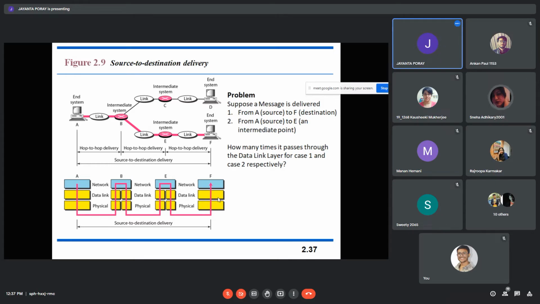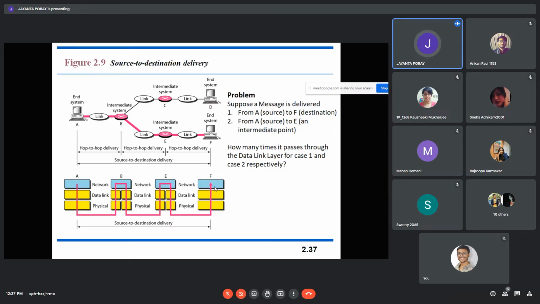Okay. Now the same question can be asked: how many times does it pass through the network layer, which is the source to destination delivery? The answer will be four. One, two, three, four. It passes through the network layer four times for this particular figure.